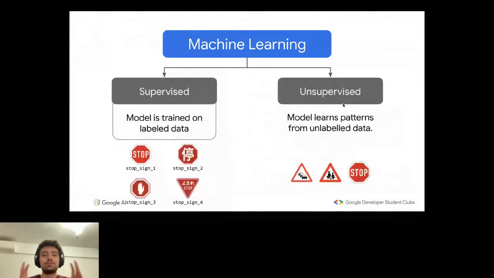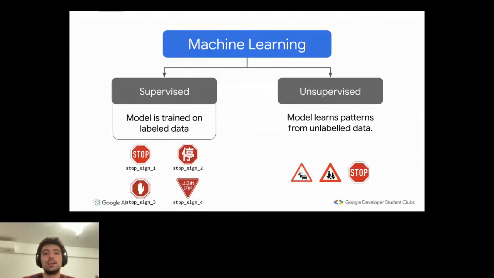So again, let's remember that we can divide machine learning in mainly two parts. We can divide it into supervised machine learning and unsupervised machine learning. In supervised machine learning, our model is trained on labeled data, right?